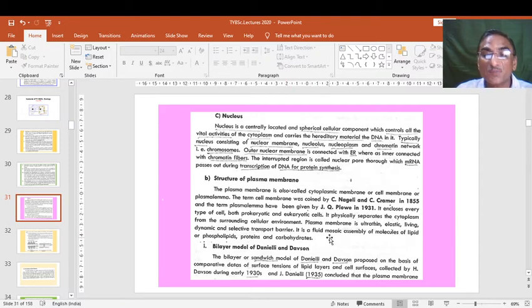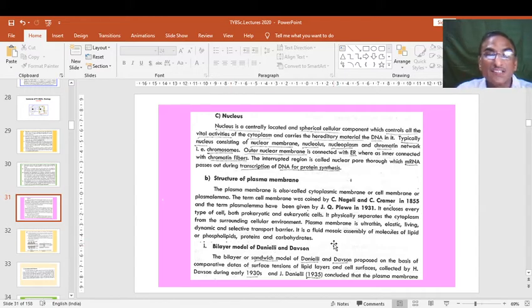It is a fluid mosaic assembly of molecules of lipids or phospholipids, proteins, and carbohydrates. So they are not just binding but also supporting, surrounding, and acting as barriers to the selective transport of material throughout the membrane.